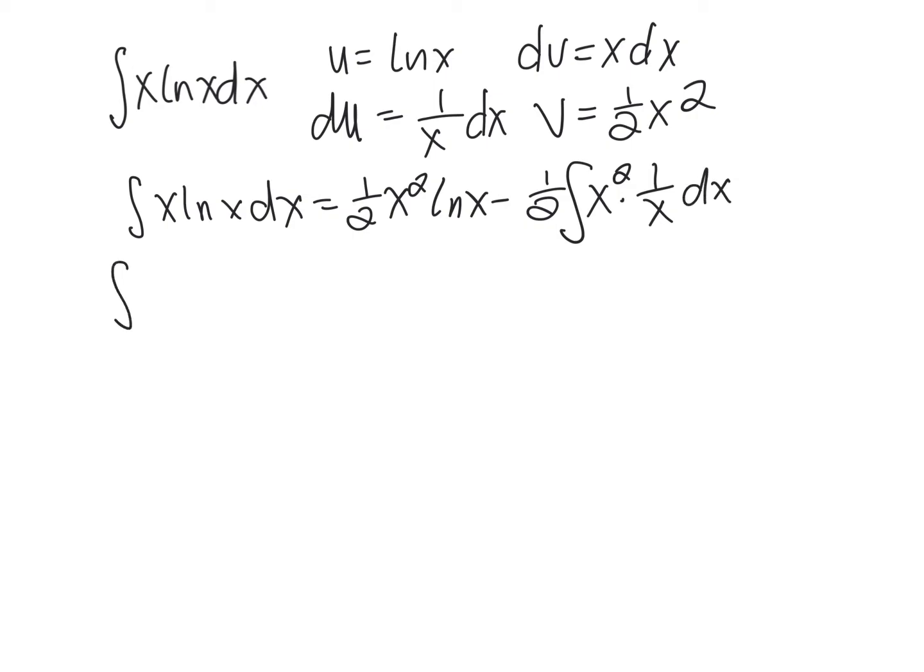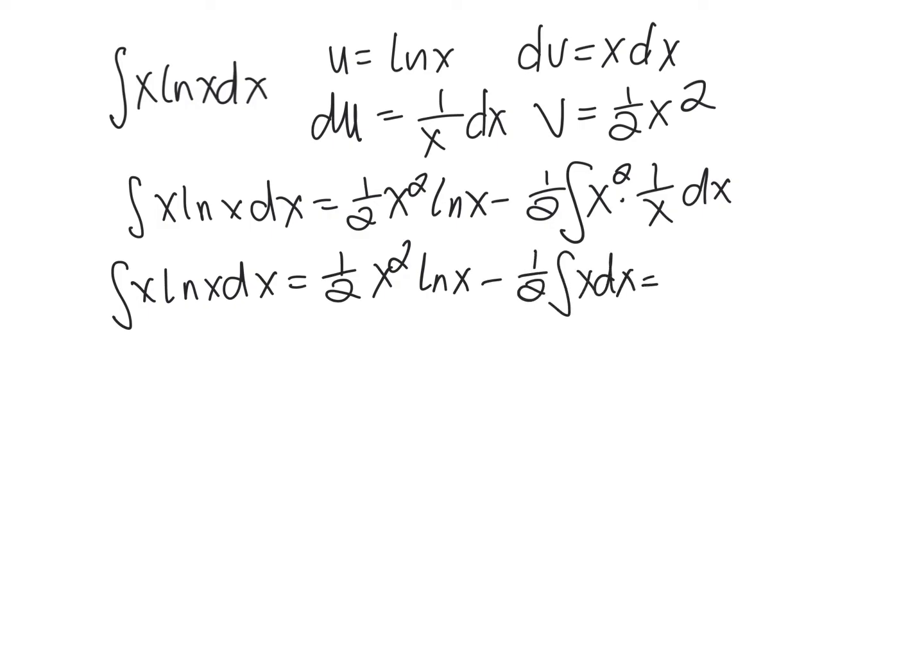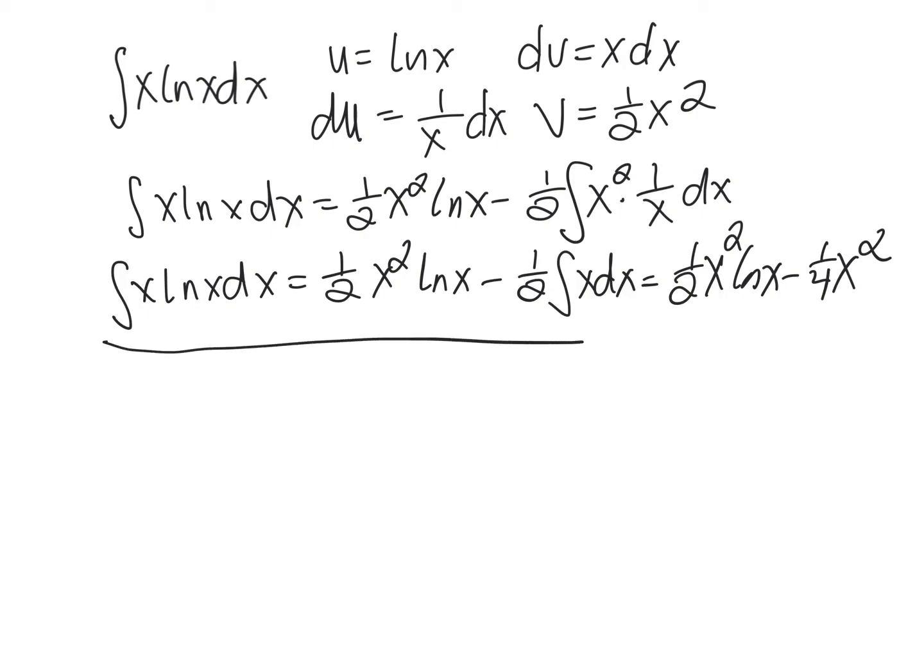Simplifying, the antiderivative of x ln x equals 1/2 x squared natural log of x minus 1/2 times the integral of x dx, which is 1/2 x squared natural log of x minus 1/4 x squared. We don't want to simplify this any further. Now let's return to the improper integral.